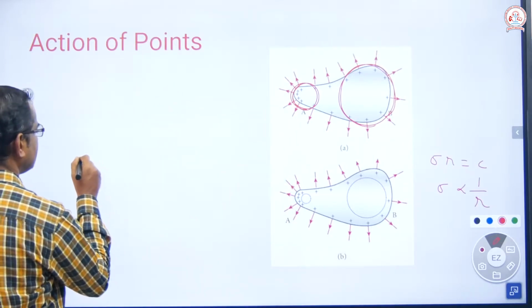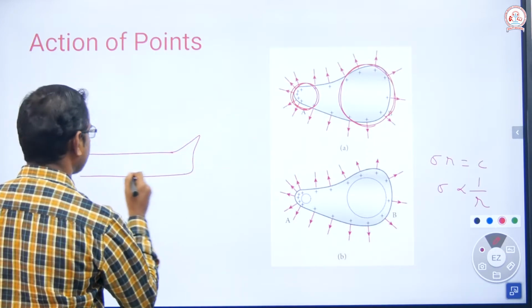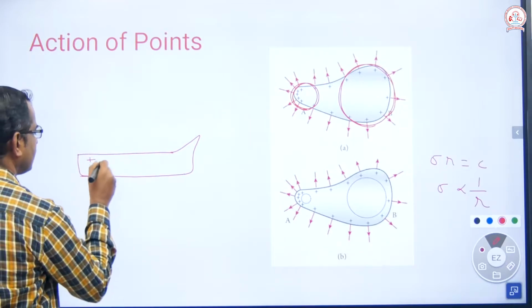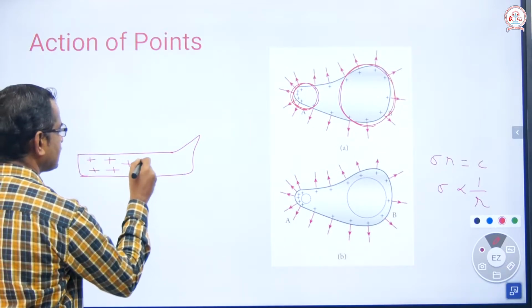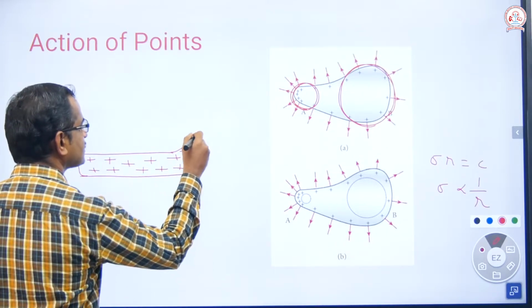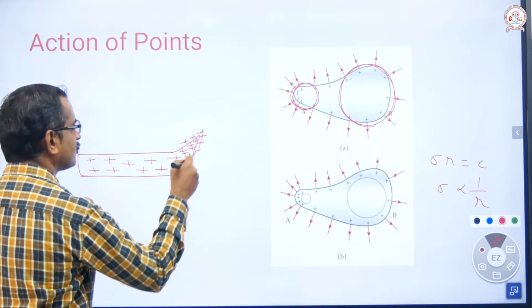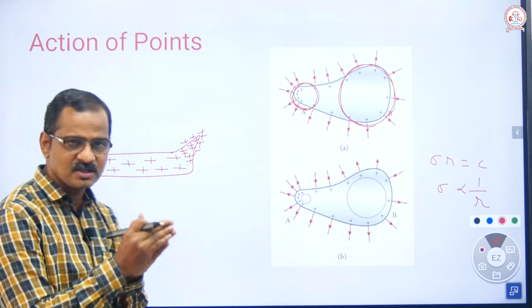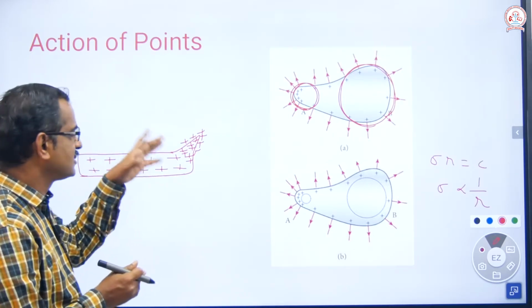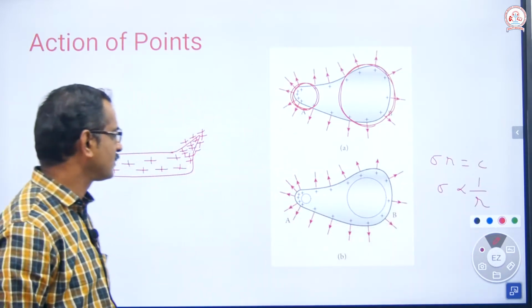For a conductor, imagine a wire, and if the conductor has a sharp point like this, the concentration of charges will be more here. Charge density will be more, as the cross-sectional area is less. Sigma into r is a constant. Sigma is inversely proportional to r.